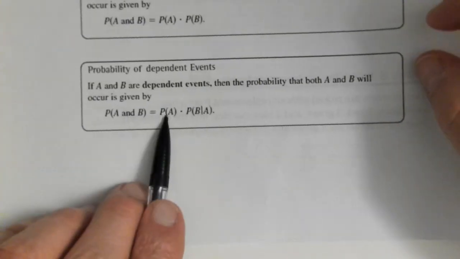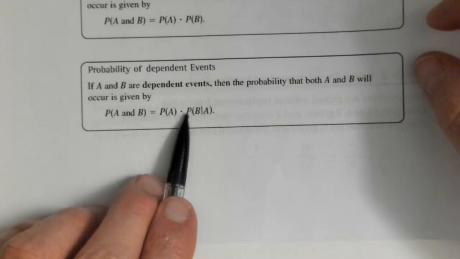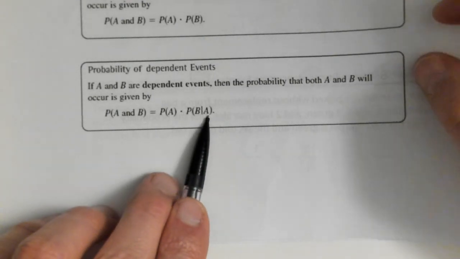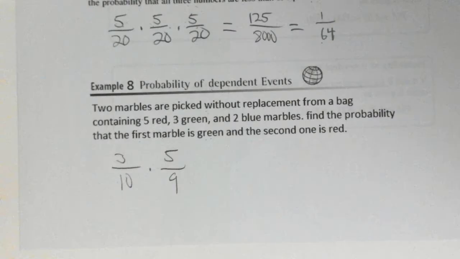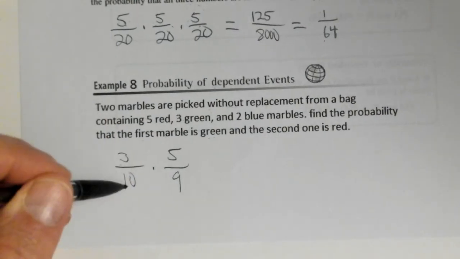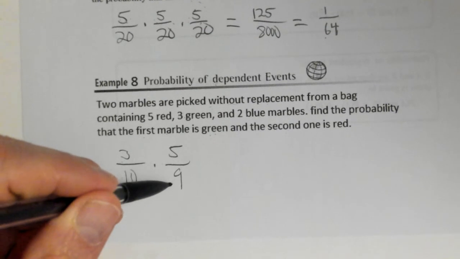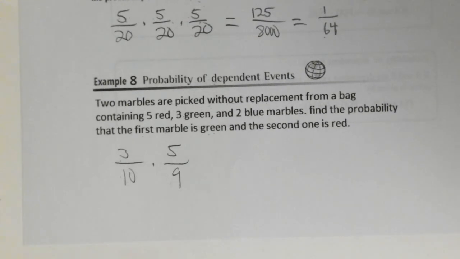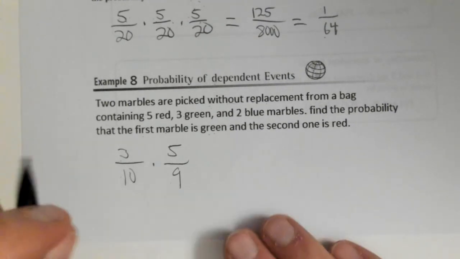Remember, with dependent events, it's the probability of the first one times the probability of the second one after the first one has occurred. Well, after I pull one green marble out, there's only 9 left to choose from. So that's what makes them dependent events.